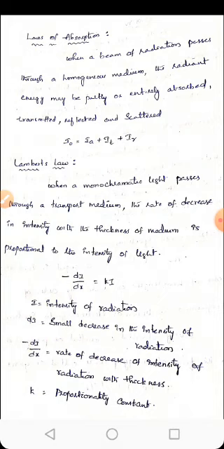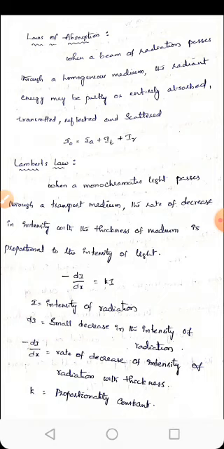That is given by the equation I0 equals IA plus IT plus IR, where I0, IA, IT and IR are the intensities of incident light, absorbed light, transmitted light and reflected light respectively. The process of absorption mainly depends upon the molecular structure of the absorbing species, the concentration of the solution, and the path length of the light.